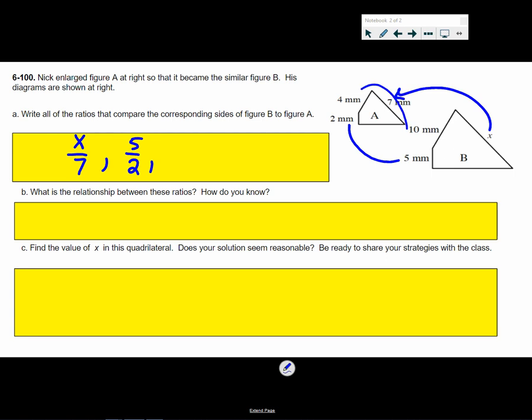And 10 goes to 4, so I do 10 over 4. So what's the relationship between these ratios? How do you know? Okay, so they're equivalent ratios, because they are similar figures.